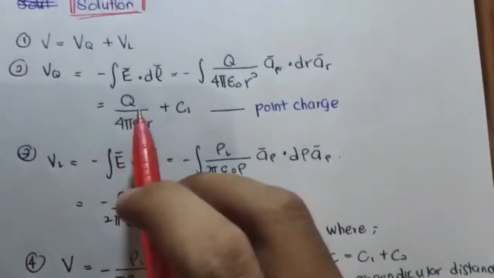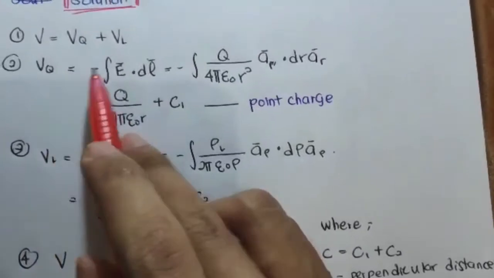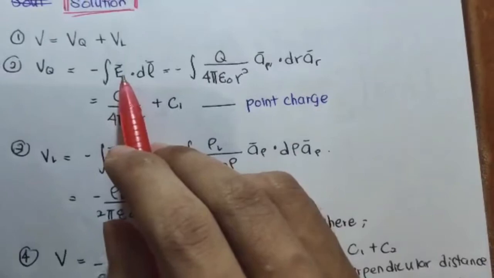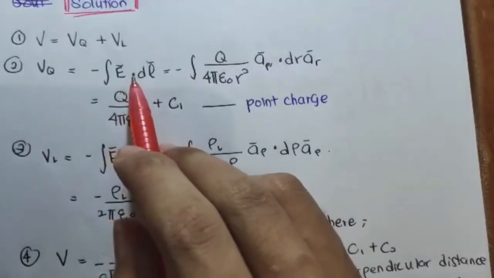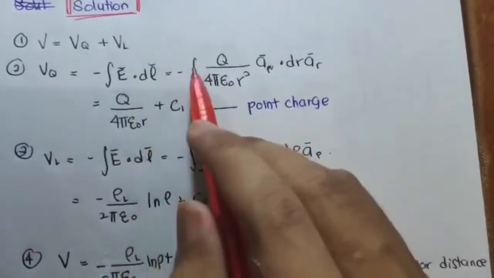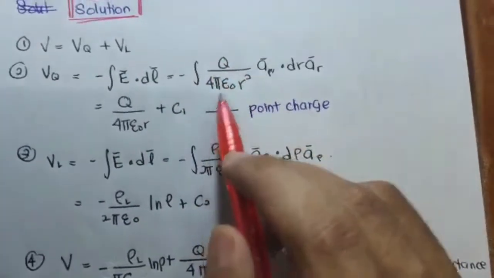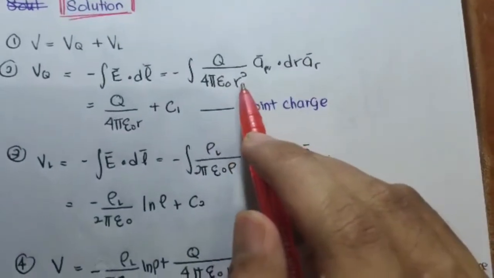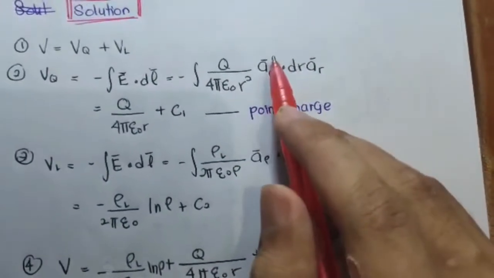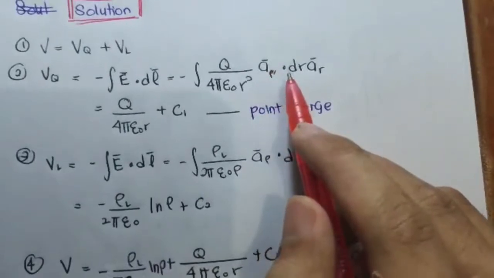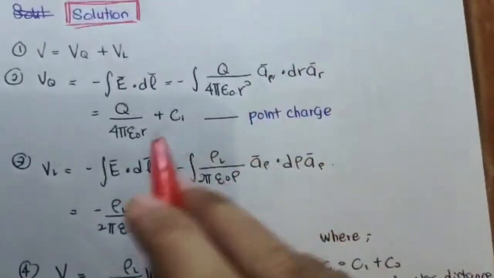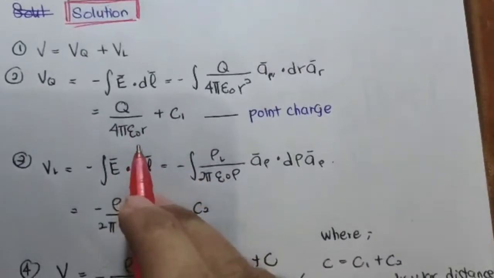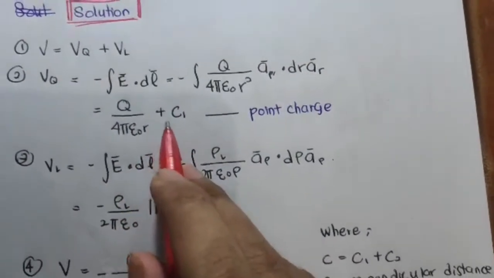For the point charge, VQ equals negative integral of E dot dl, equals negative integral of Q over 4 pi epsilon naught R squared aR dot dR aR, equals Q over 4 pi epsilon naught R plus C1.